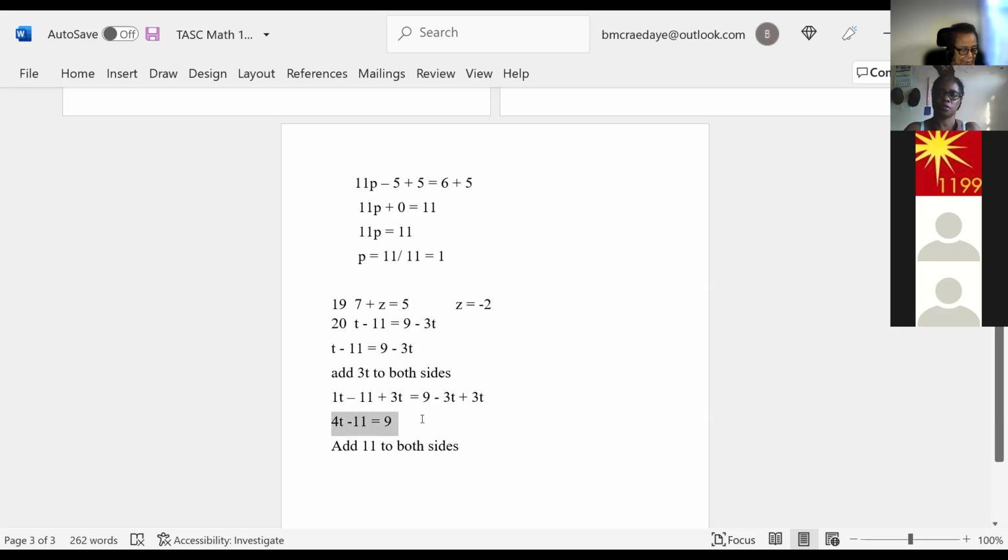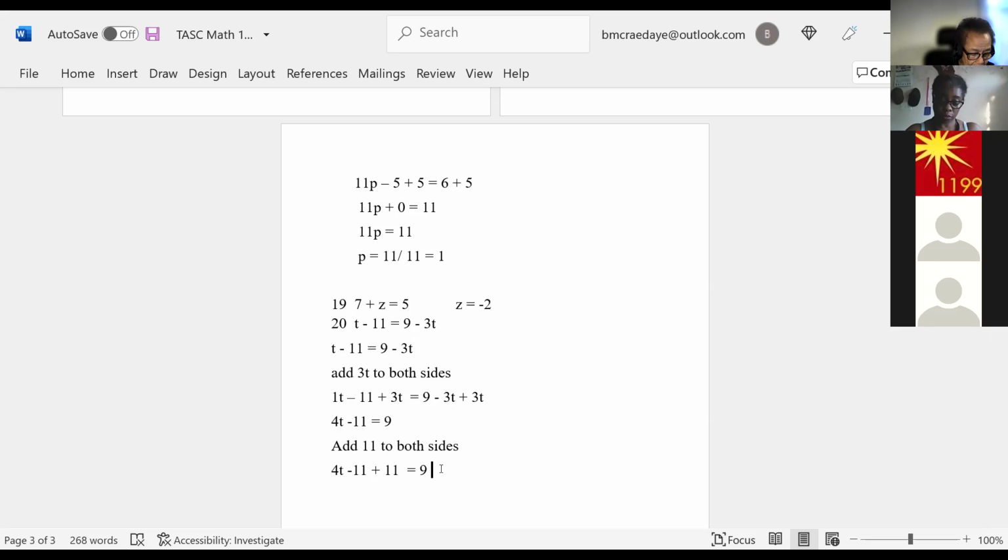So let's just copy this. Add 11, and add 11 on the right side.